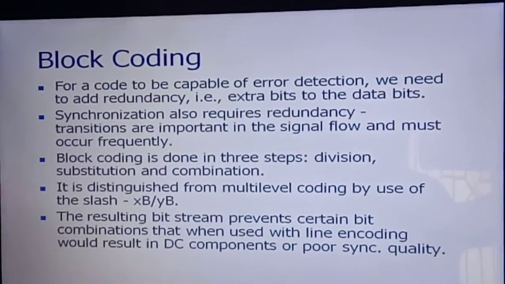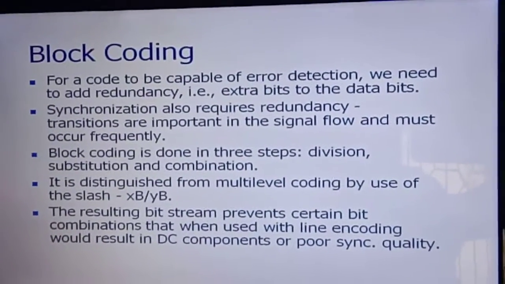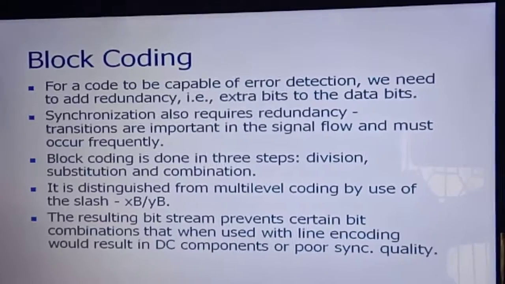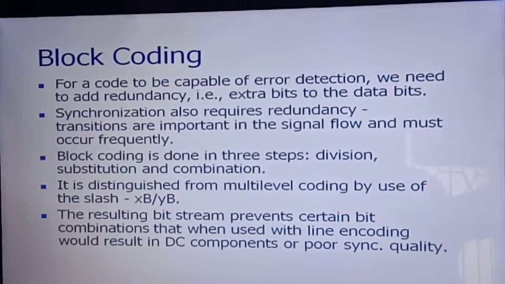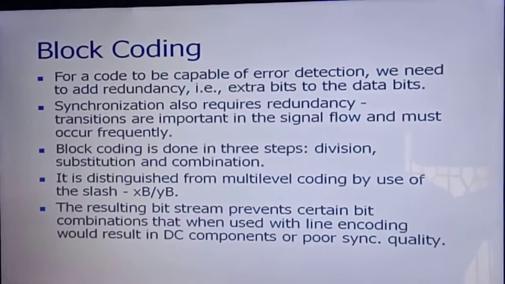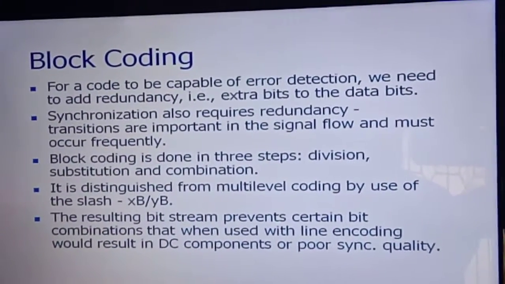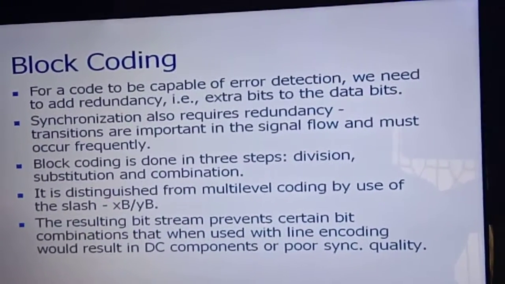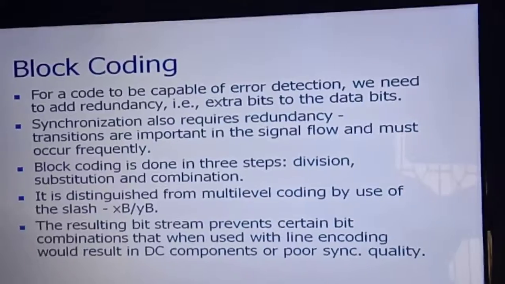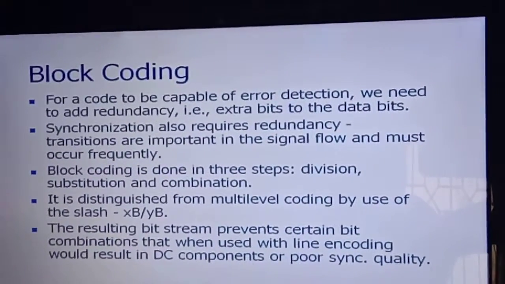Block coding is done in 3 steps: division, substitution, and combination. The best example of block coding error detection is CRC. We perform a binary division and substitute by adding the remainder value as redundant bits to the actual value, combine them and send to the receiver, and at the receiver end we decode again.